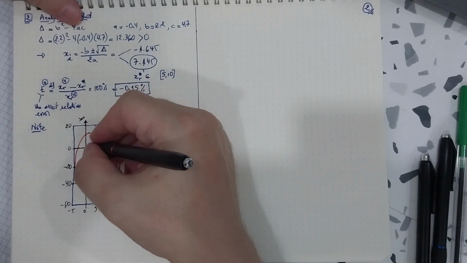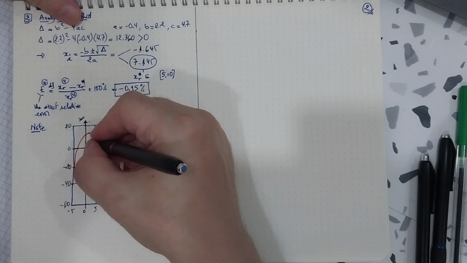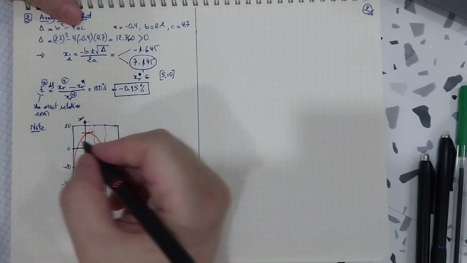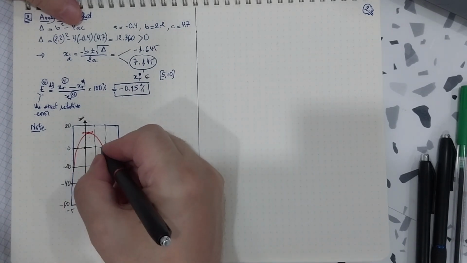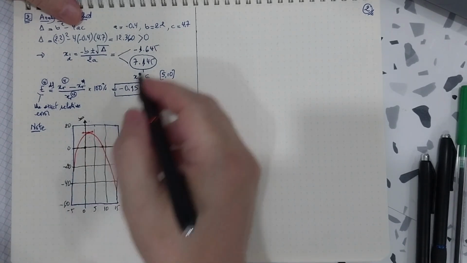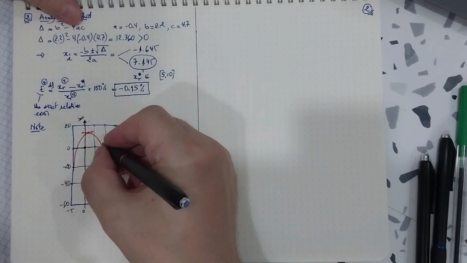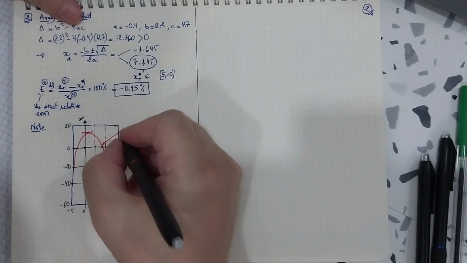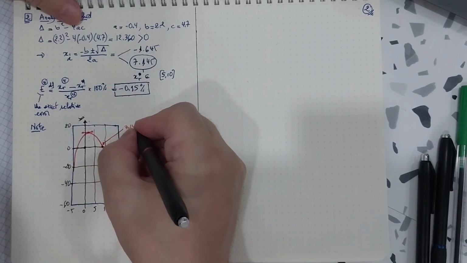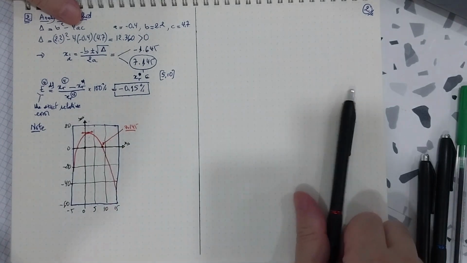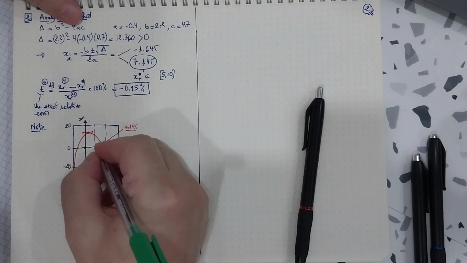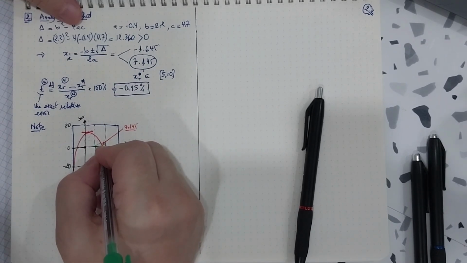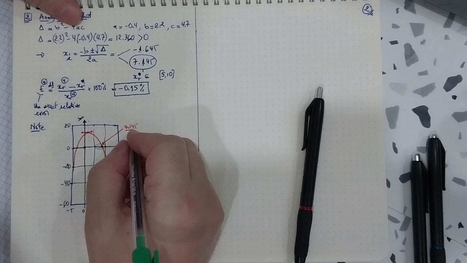It has an axis of symmetry somewhere here, and a tangent here, parallel to the x-axis. So it cuts here between 5 and 10. This is the second root, the exact root, 7.145. And because we have worked with this interval, we got a solution close to the second exact solution, x2.